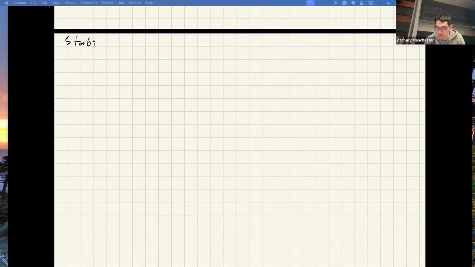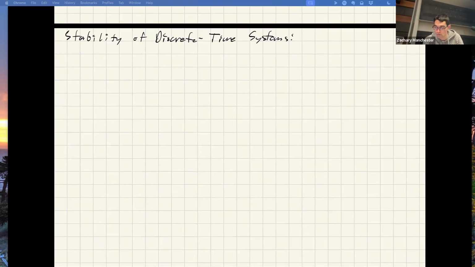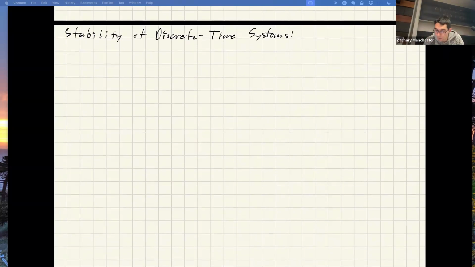Let's talk now about stability of discrete time systems. Okay, so we had the continuous time result, right? We did the negative eigenvalue thing. The way to think about the discrete case is that if you want to simulate, say, n time steps, the dynamics look like function composition.